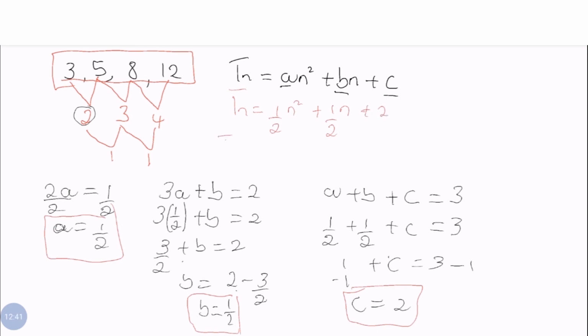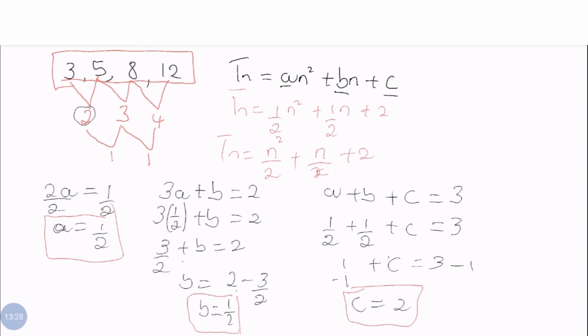This is the same as Tn is equal to 1 over 2 multiplied by n squared, that is n squared over 2, plus 1 over 2 times n, that is n over 2, plus 2. So this is the equation of the quadratic sequence.